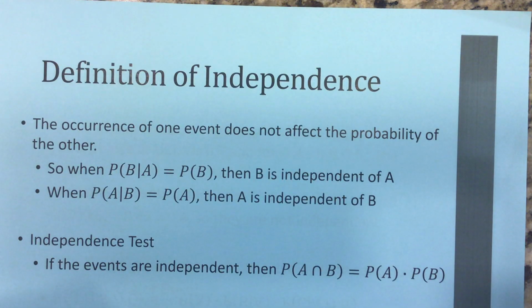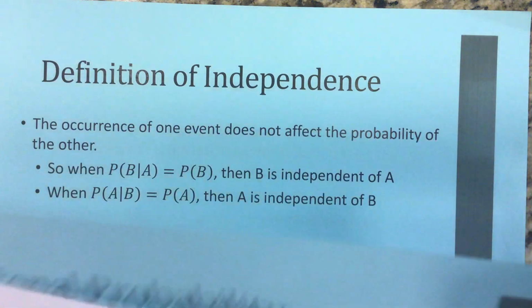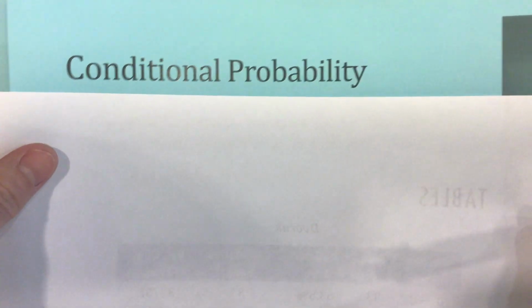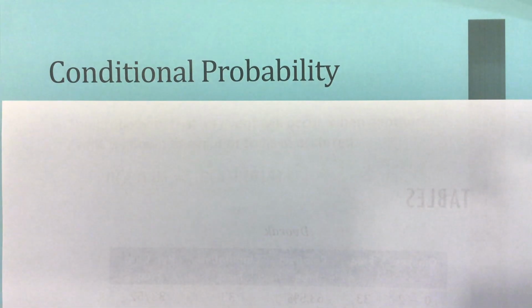All right, that brings us to conditional probability. I think this is probably the hardest thing for students. Okay. We did a little bit of this when we did two-way tables. Okay. So conditional probability is when you have like a string of events happening.